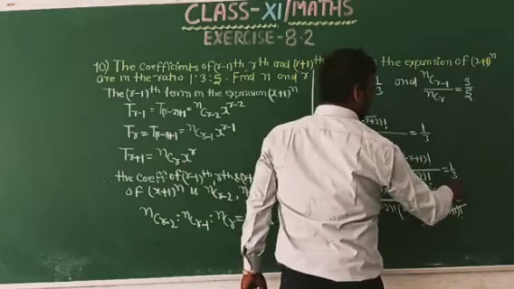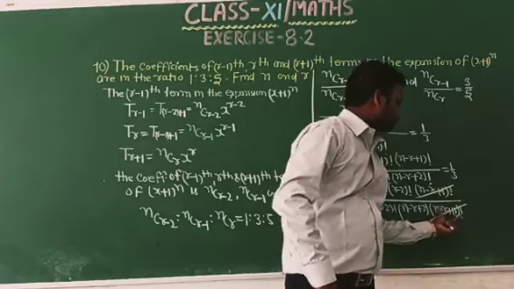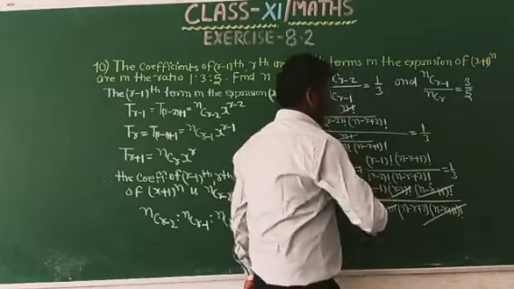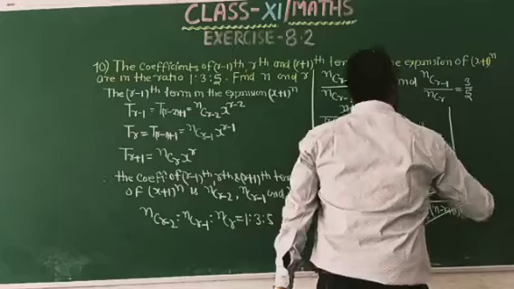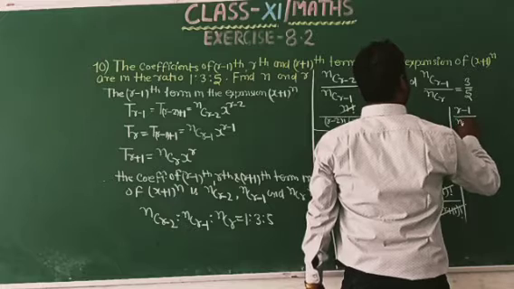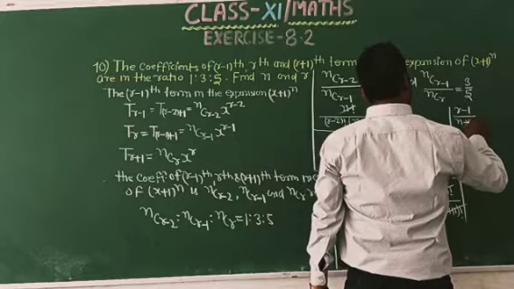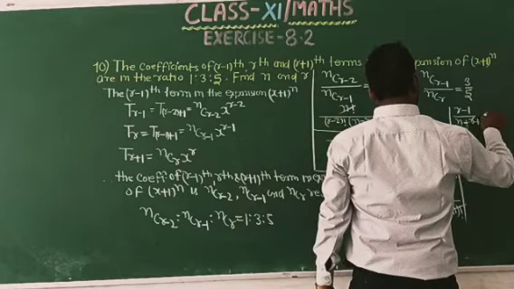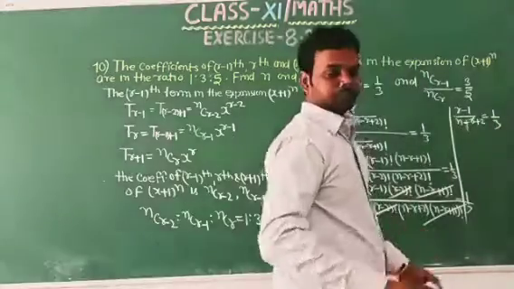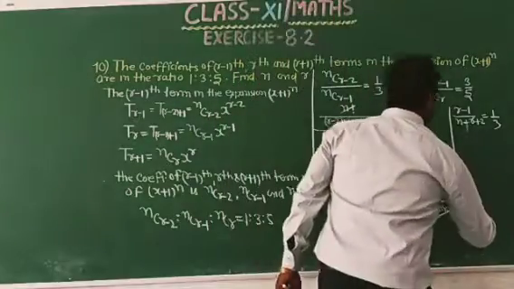So we can cancel (n minus r plus 1) factorial and (r minus 2) factorial in numerator and denominator. We are left with (r minus 1) by (n minus r plus 2) equal to 1 by 3.